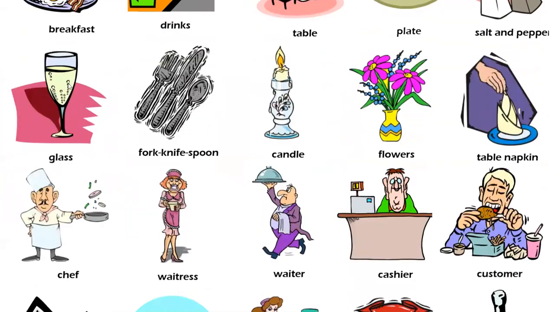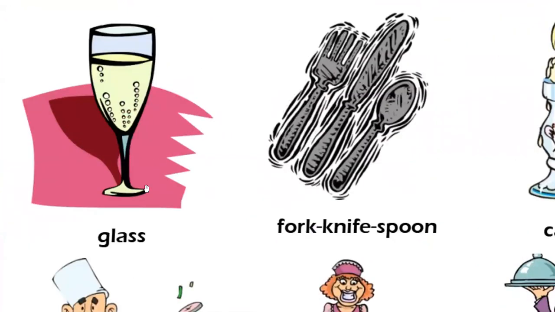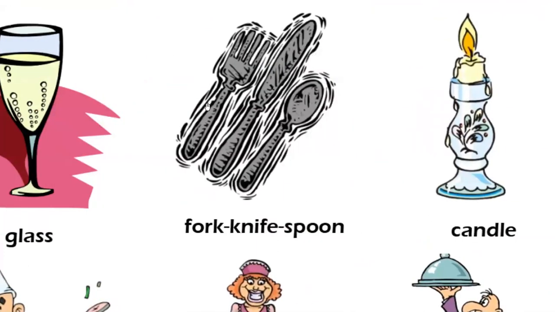Then we can also find a glass. A glass is the recipient where you pour your drink. And then you use these elements to eat. You use a fork, a knife that you use to cut something, and a spoon that you use, for example, to eat your soup.